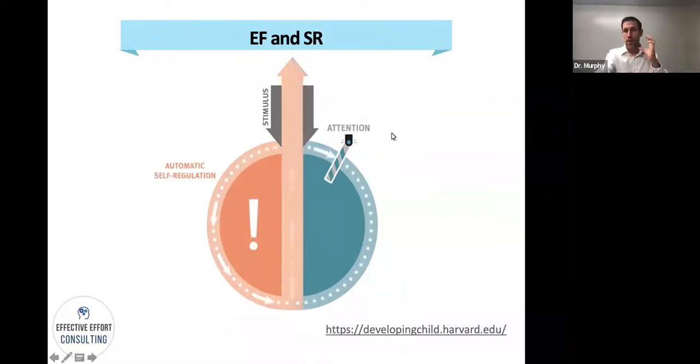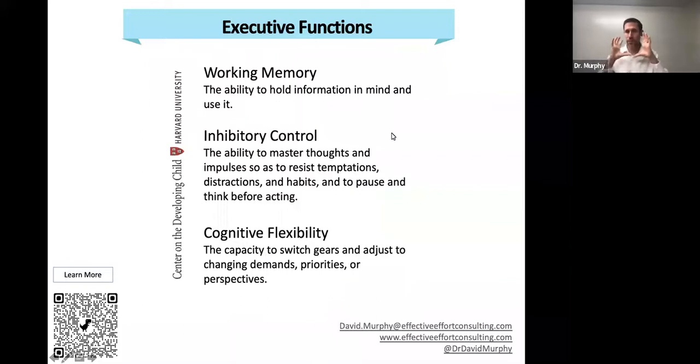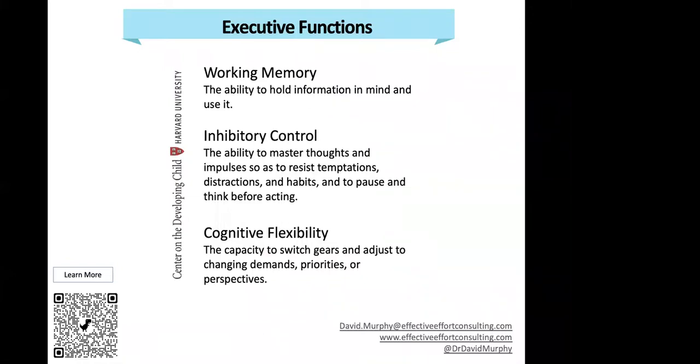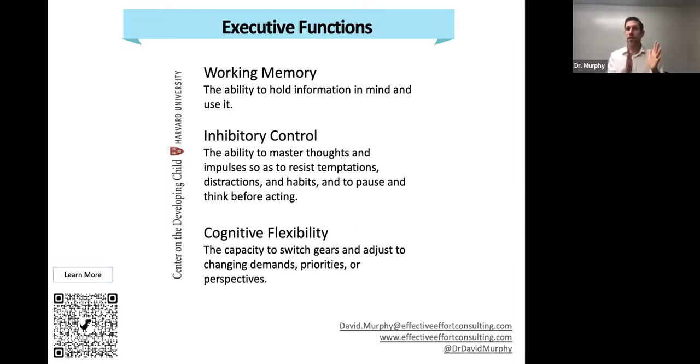So there are three cognitive processes that typically play out as being part of executive functions. And again, there are so many theoretical models out there, parents, that I get overwhelmed with them all. Every time you read something, there's a different interpretation of executive functions.